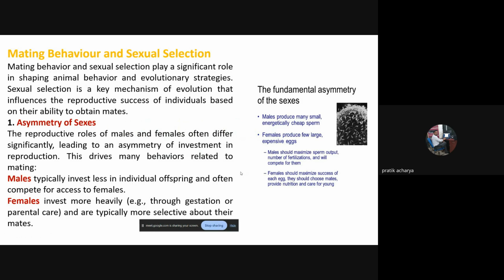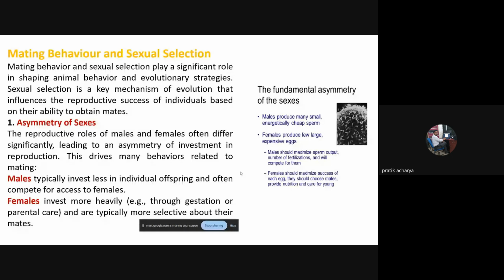That means an organism, male or female, selects its opposite sex for mating purpose, for sexual reproduction, for creating new organisms. What is the ultimate aim of every individual animal? Okay. So in the mating behavior pattern or sexual selection, we'll discuss certain things.